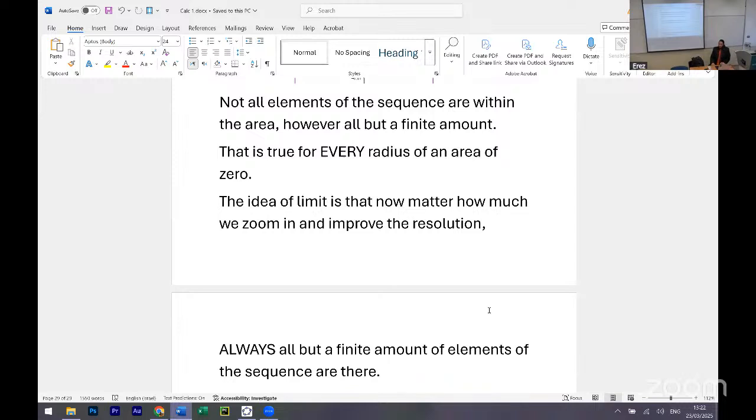I'll give you a minute to copy it, and then I will write up the formal definition. I will write up two equivalent formal definitions, one using more words, the area idea, and then one using the epsilon notation, which is helpful for proofs later on.